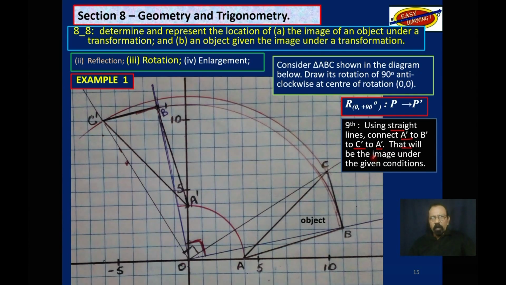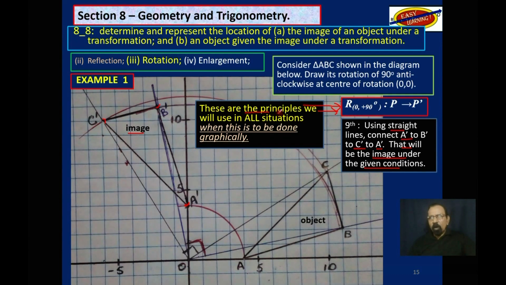Now that will give the image under the given conditions. So we connect A prime to B prime to C prime and back to A prime, and that will give us the image under these conditions.